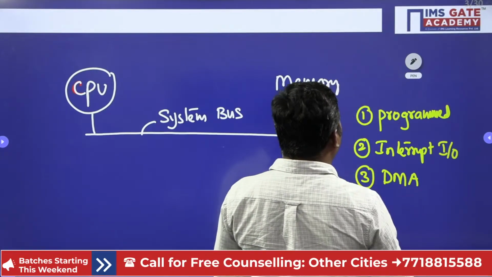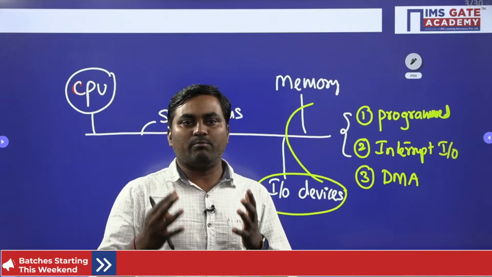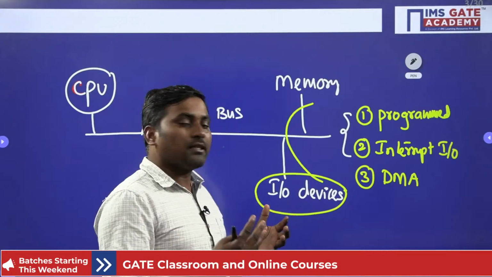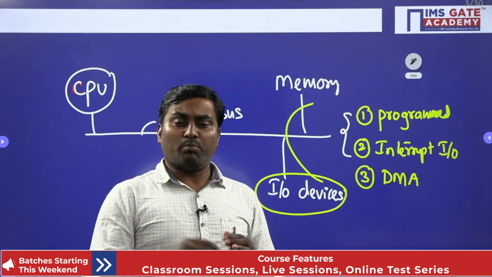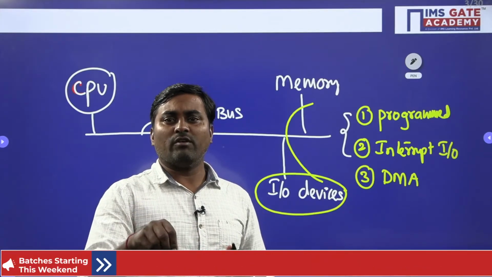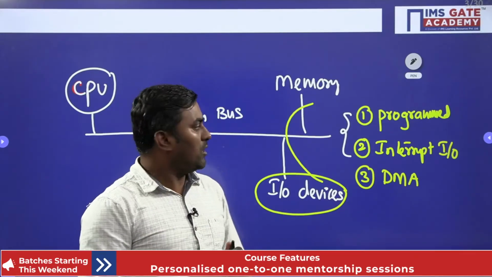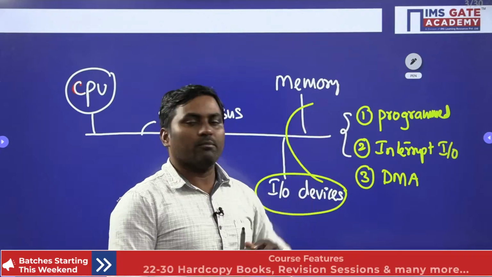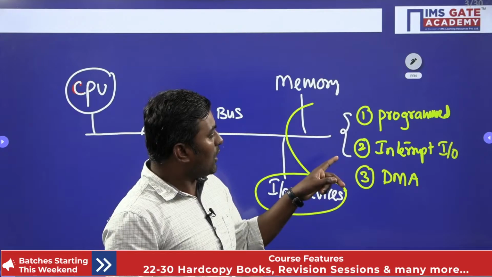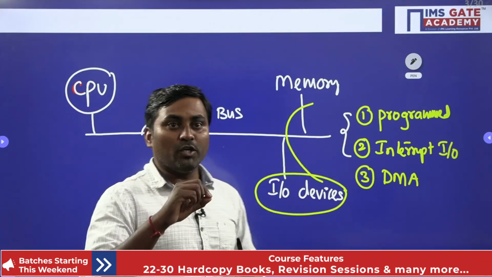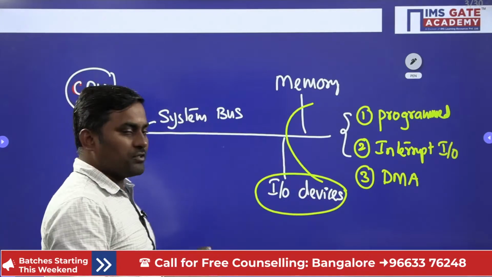So let us briefly answer. There are three ways data transfer happens with an IO device. In programmed IO, the processor will intervene for the transfer of data.